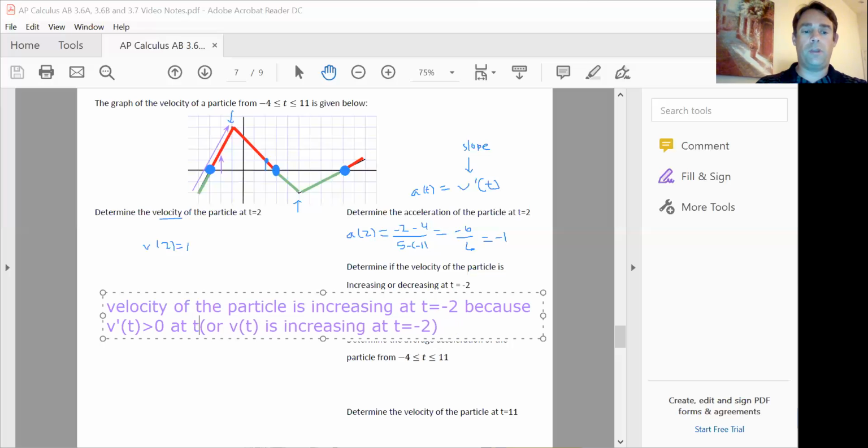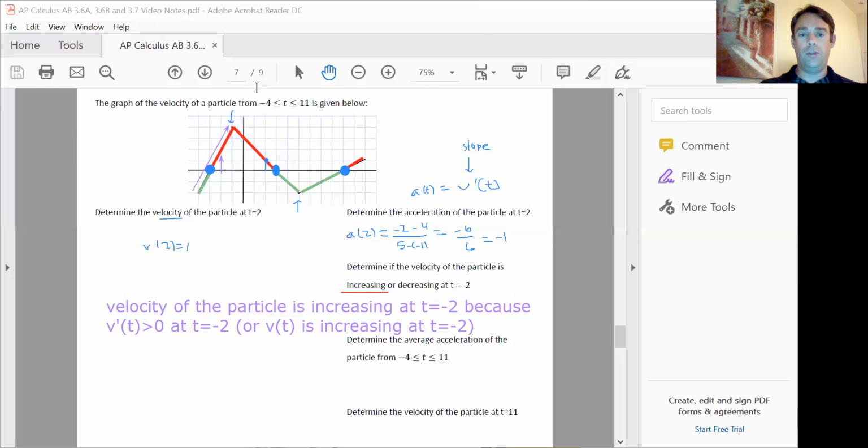Because I'm dealing with just the derivative itself, personally, I probably would have used the increasing one, but both would actually work for you. I probably would have gone this route here since I'm dealing with just that velocity graph.